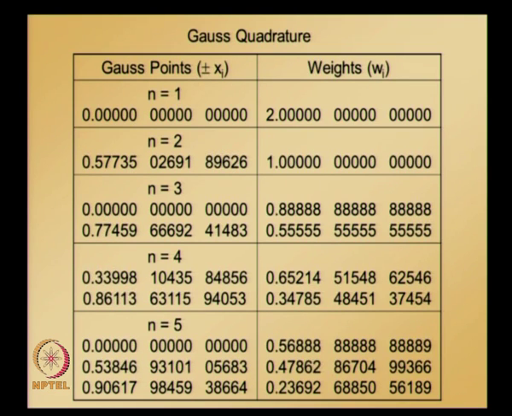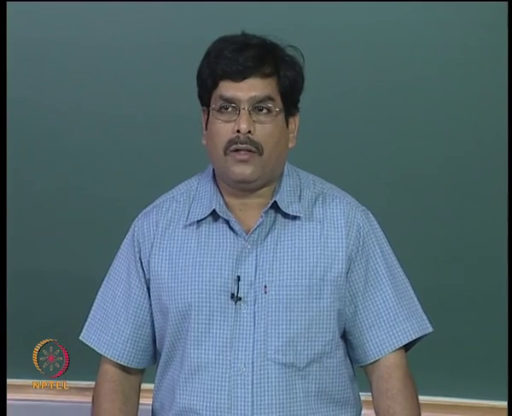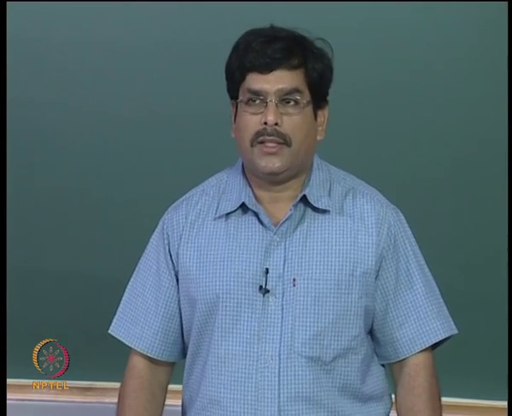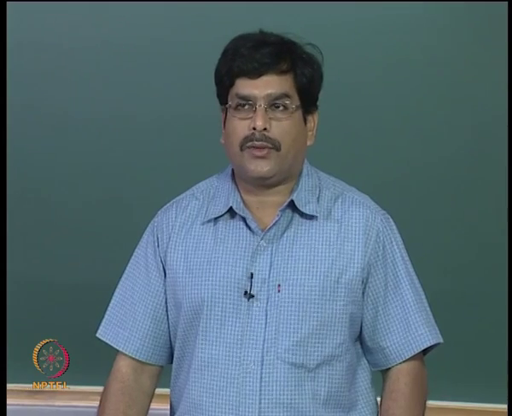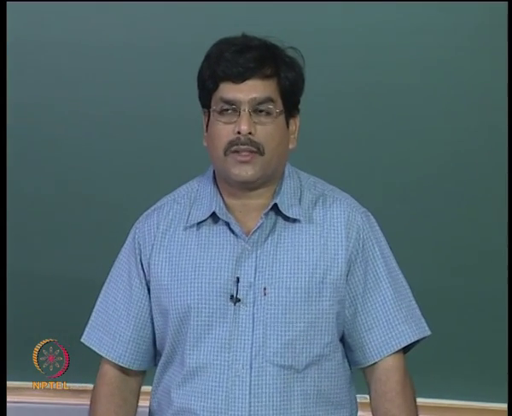Please note that for Gauss points you have plus or minus xi. Corresponding to n is equal to 1 there is only one point, that is 0, with no plus or minus, and the corresponding weight is 2. If you want to integrate a polynomial of degree 2n minus 1 exactly, then you need to select n number of Gauss points.